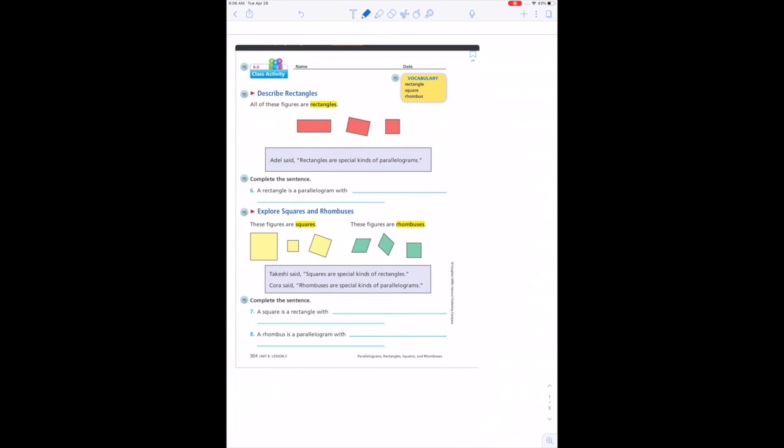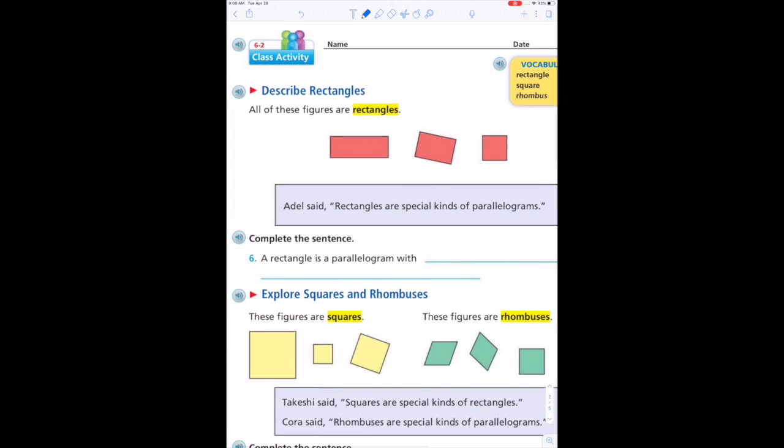Now, rectangles, if we look at these, all of these are rectangles. A rectangle is a parallelogram, but rectangles have 4 90-degree angles, okay?